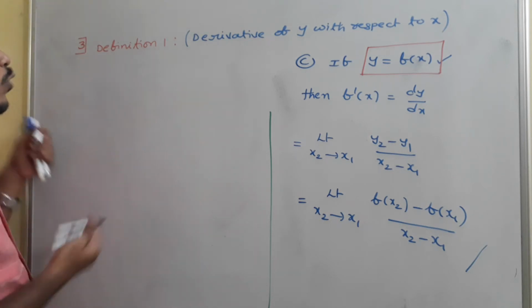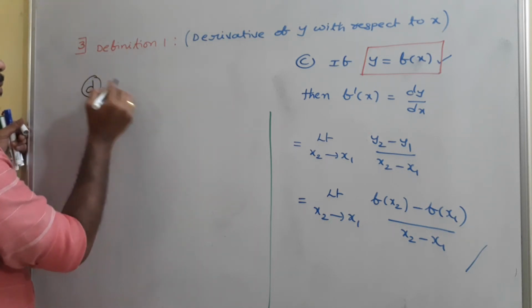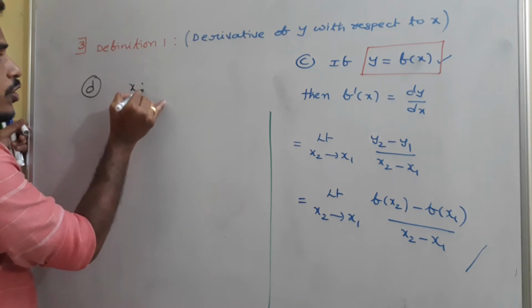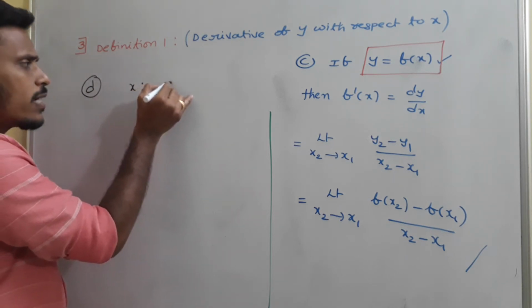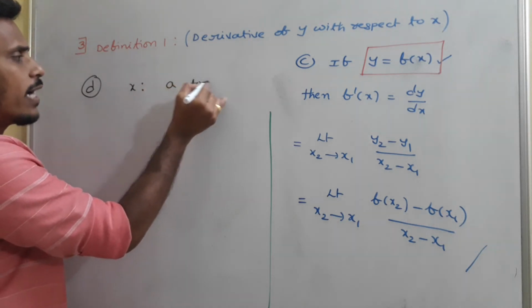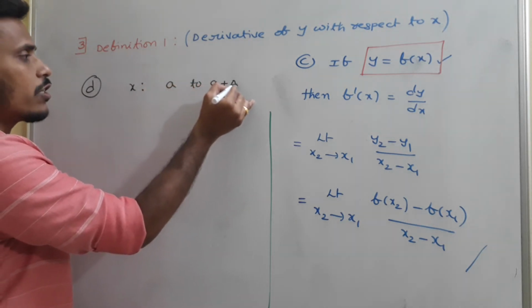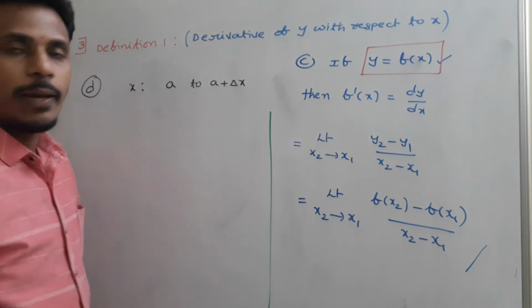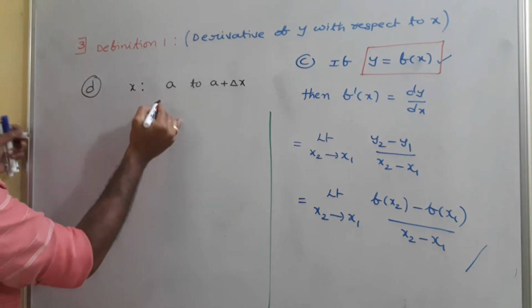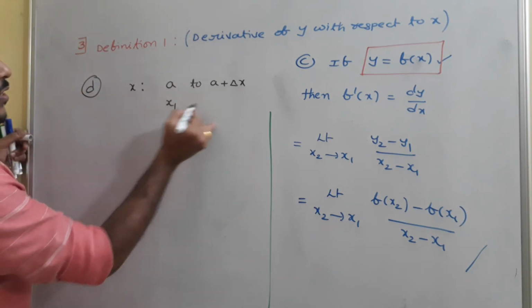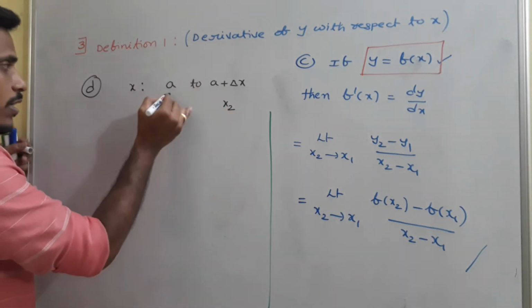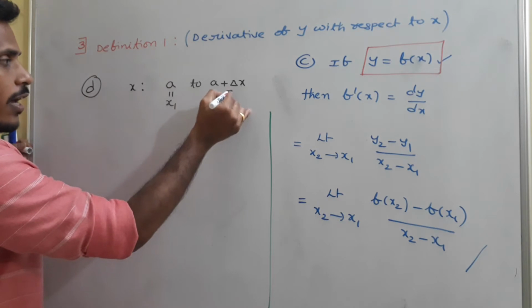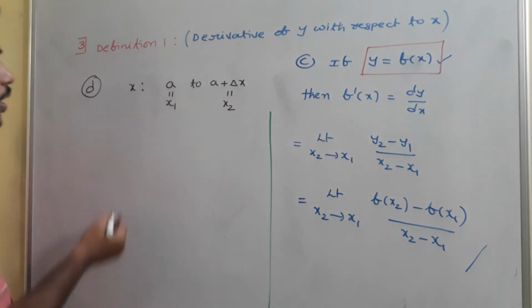Now suppose you consider x is changing from some point A to A plus delta x. Then you need to consider x1 as A and x2 as A plus delta x, right?